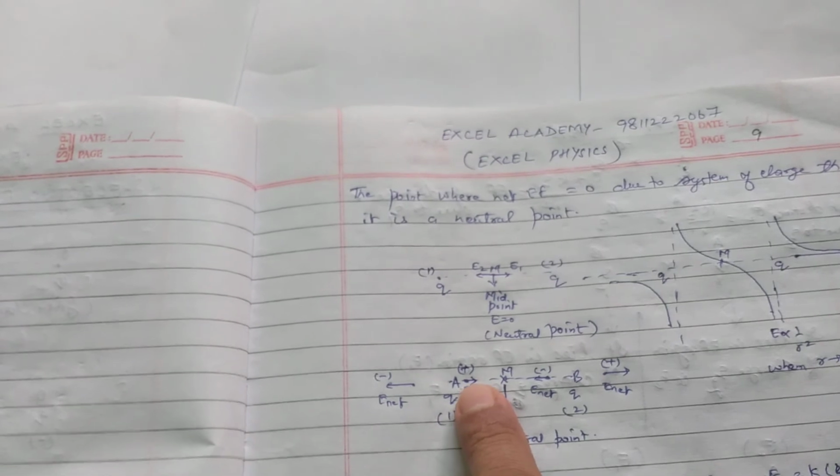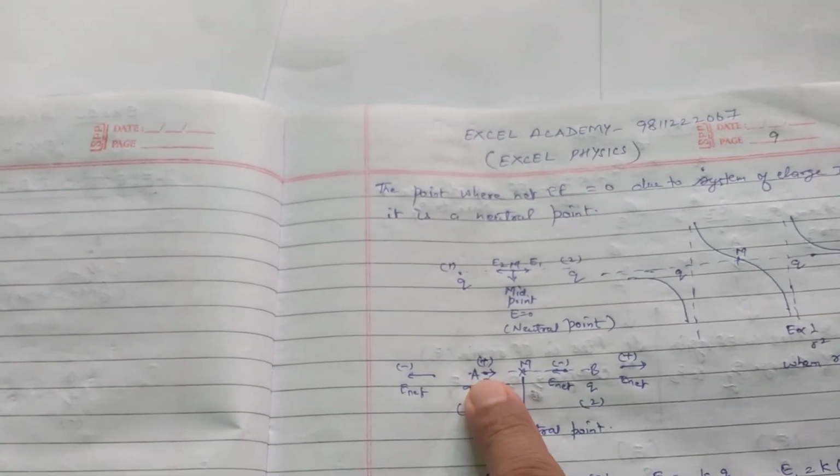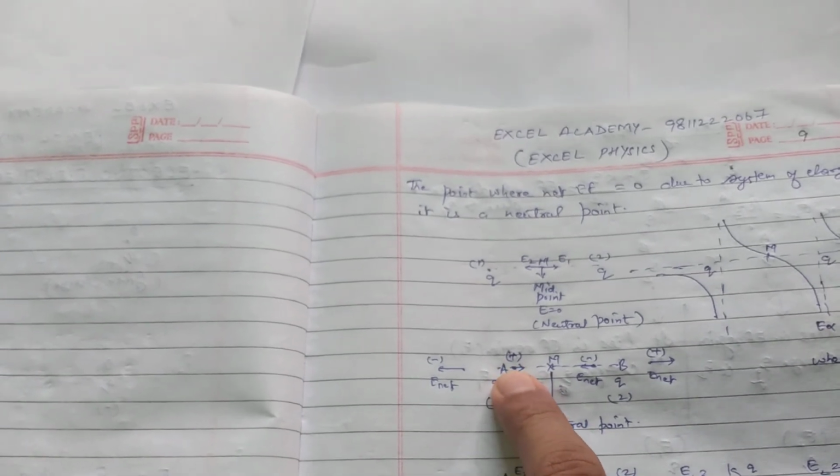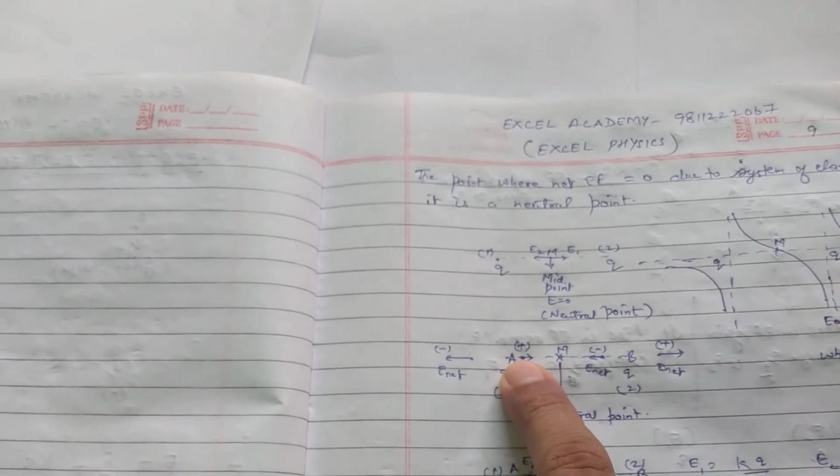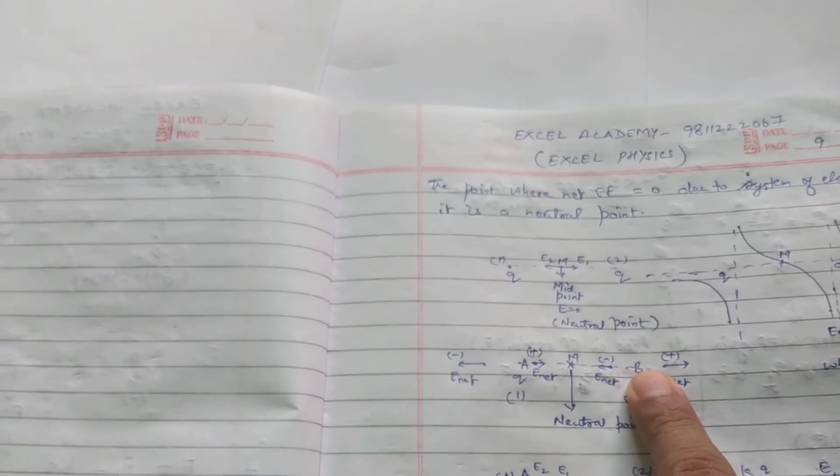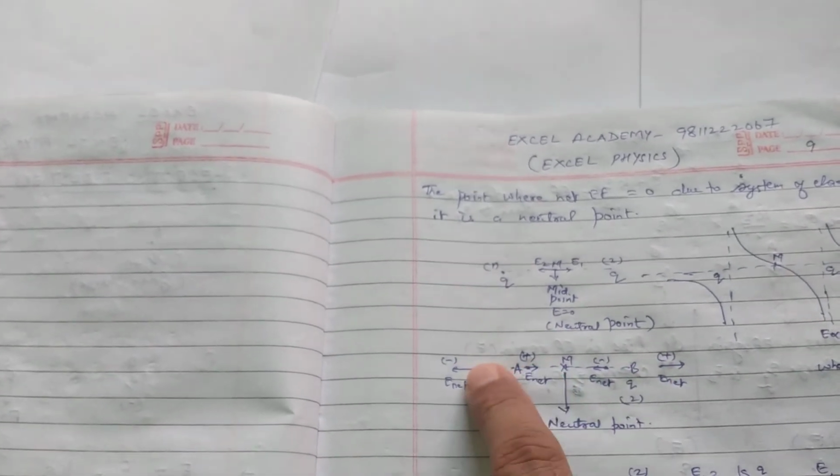If I have the point very closer to Q, and since it is at this point, the test charge considered here, so electric field is directed away, and this charge is going to repel in this direction, but the influence of this charge is more here, so net electric field is in this direction.